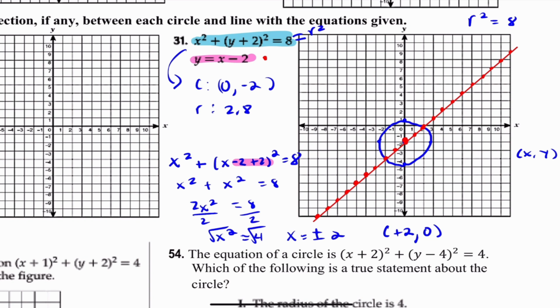And the other point, this point here, it's negative 2 because x can also be negative 2. So it's negative 2 comma y equals negative 2 minus 2. That's negative 4. And there you go. Those are the points of intersection.